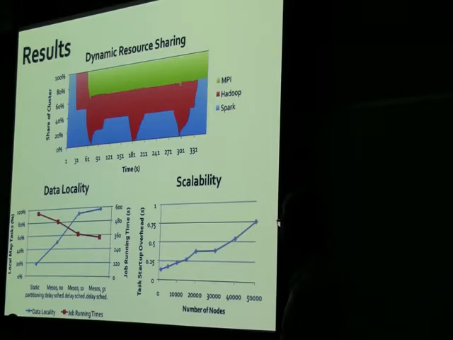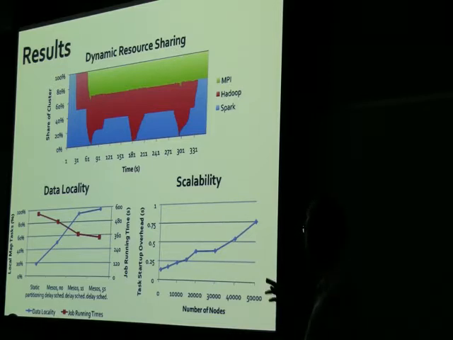We're going from static partitioning of a cluster on the far left to Mesos on the right. We had a 100 node cluster and ran 16 instances of Hadoop on it. With static partitioning, your data locality is very low, 20%, so your jobs take a long time to finish.